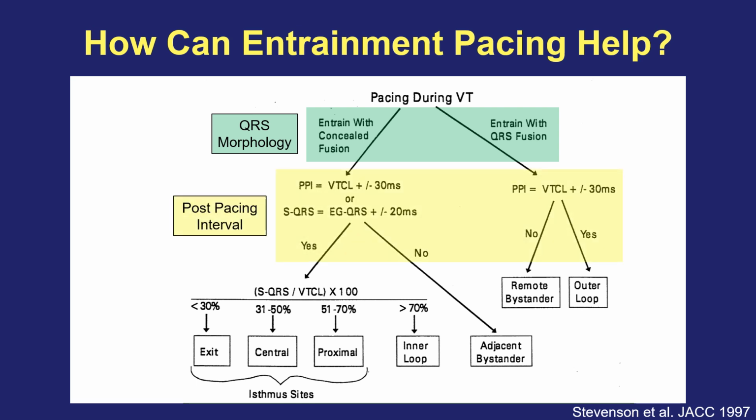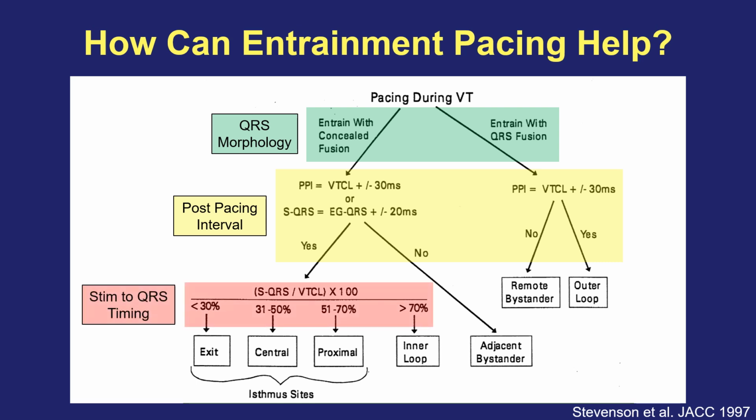The next step in this algorithm looks at the post-pacing interval, that timing between the last pacing spike and the first recorded electrogram in that same bipole. And we talk about whether the post-pacing interval is the same as the ventricular tachycardia cycle length or not, yes or no. And that'll tell us, of course, whether we're in the circuit or not, as we'll review.